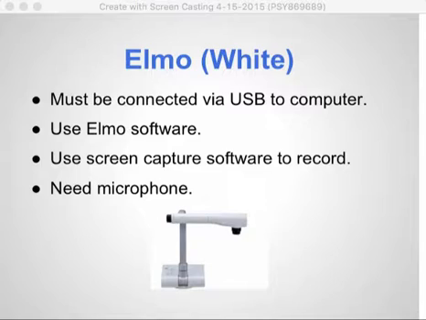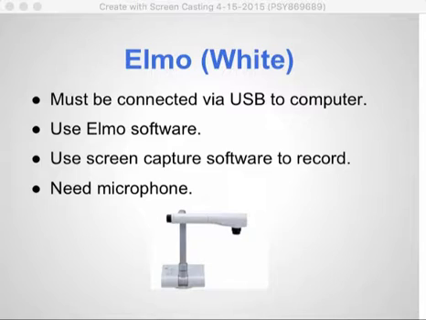And for the Elmo, just like for the other one, you're going to need a microphone. We tend to just use a regular microphone, like some of you have today, and hook it up to your computer, and all of a sudden, anything you do underneath your document camera, you can record it.